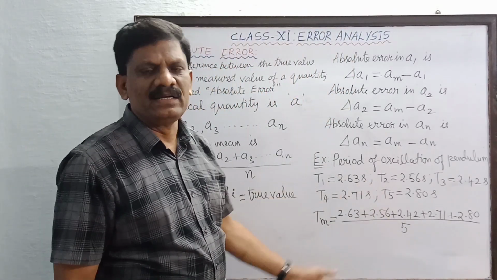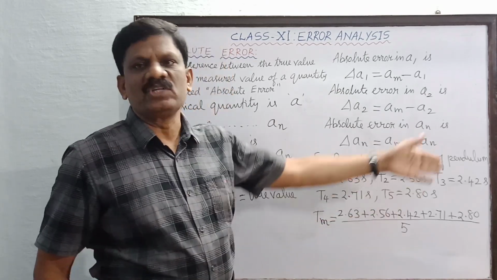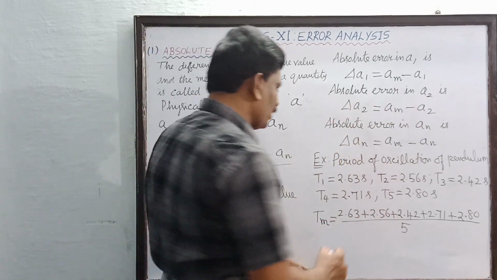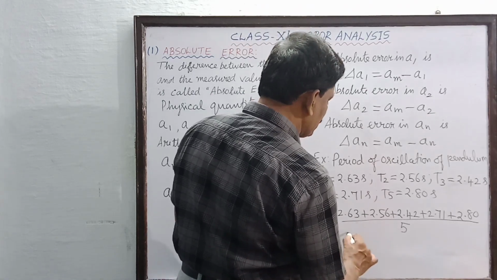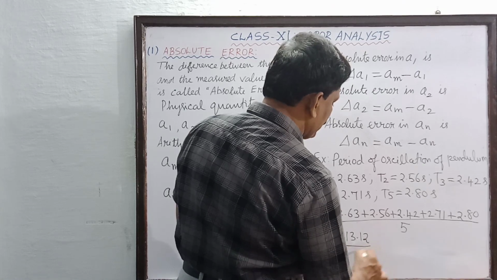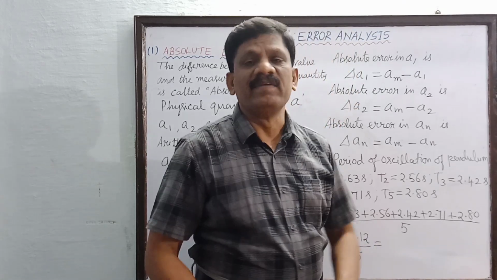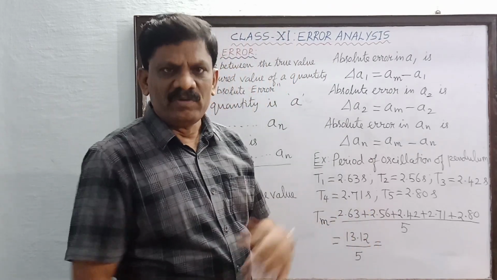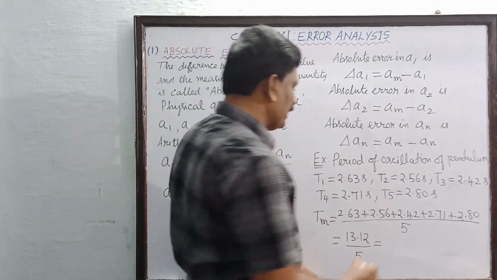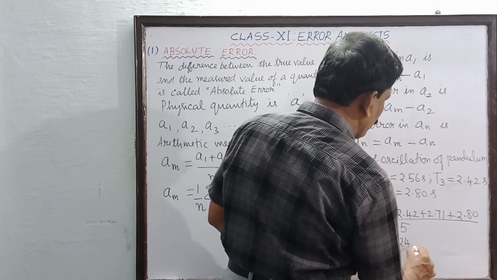If you add these values, using a calculator, it is found to be 13.12 divided by 5, which is 2.624 seconds.